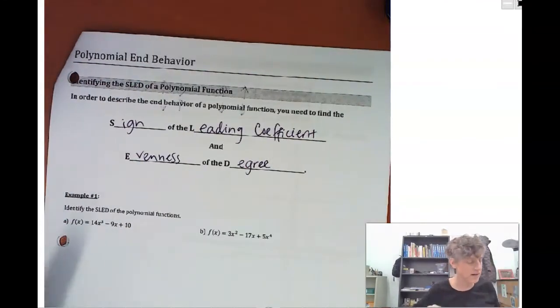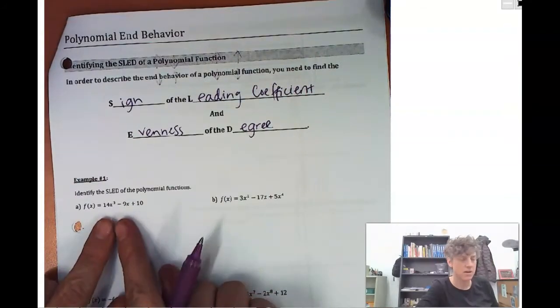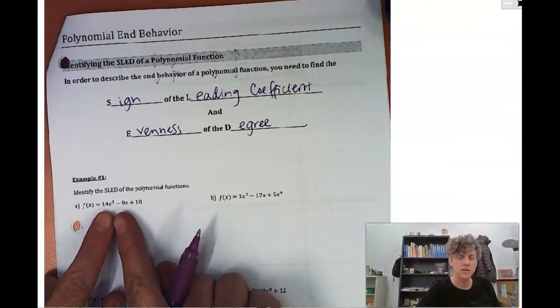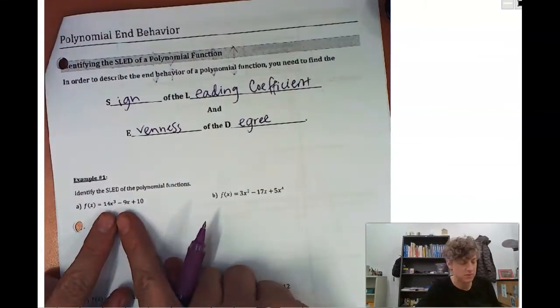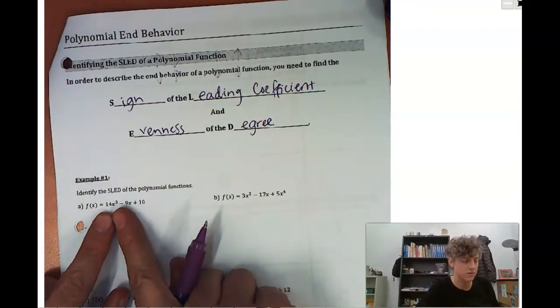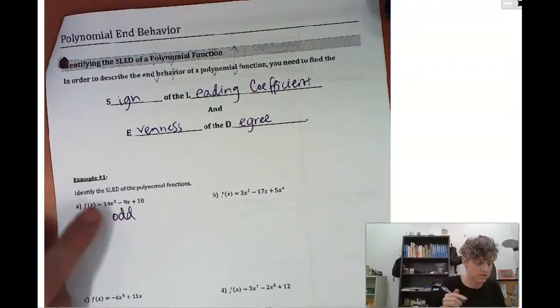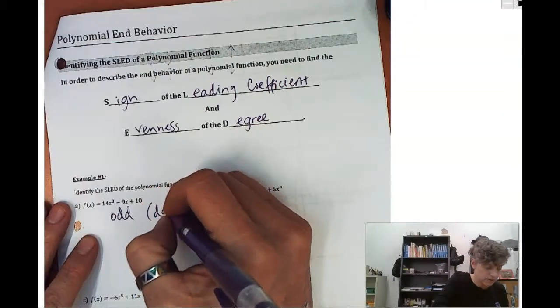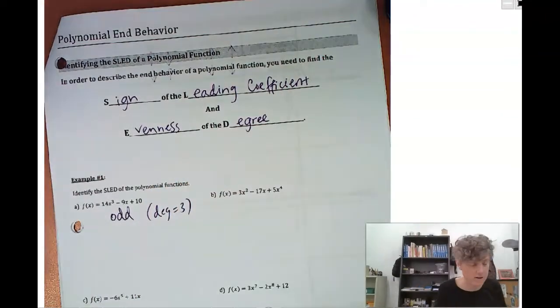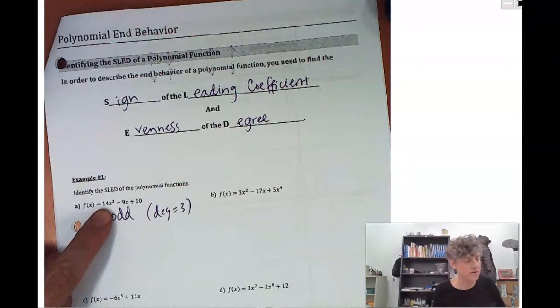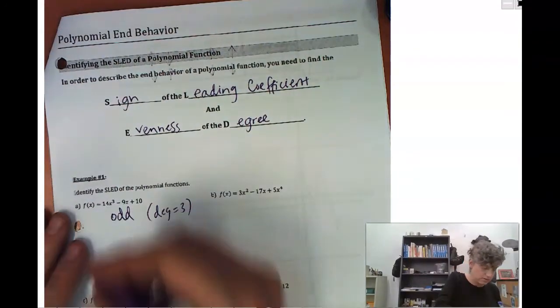So let's look at example 1. Let's look at the degree first. That always sticks out to me. This is a degree 3. So this is an odd function because the degree is 3, and 3 is an odd number. And our leading coefficient is positive.